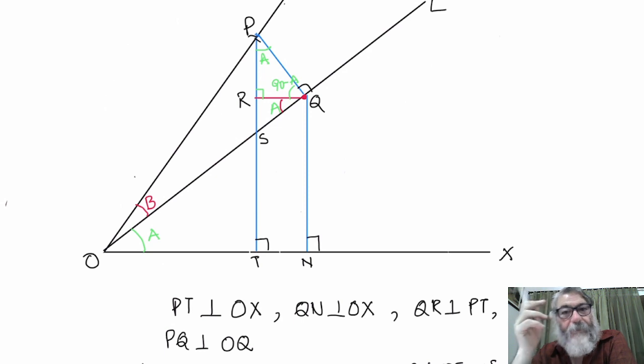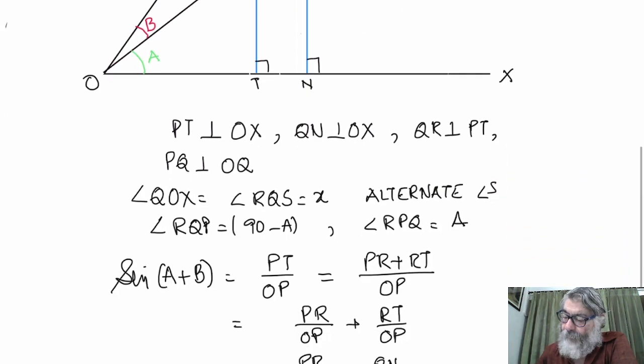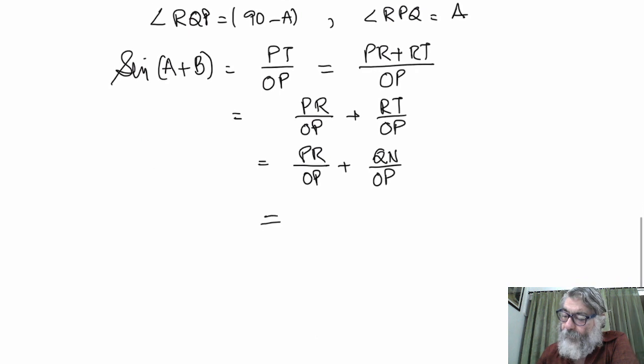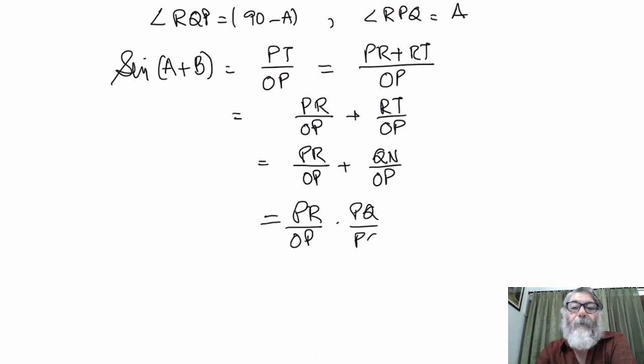If I take another side PQ, then PQR will be one triangle and POQ will be another triangle. So what I do is I multiply PR upon OP with PQ and divide also by PQ. So actually I am multiplying the whole thing by 1. Whatever I am multiplying, the same thing I am dividing, so I am not making any change.